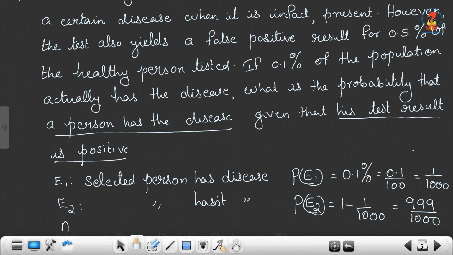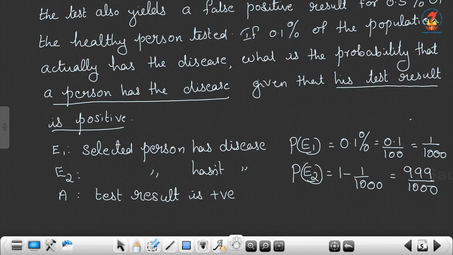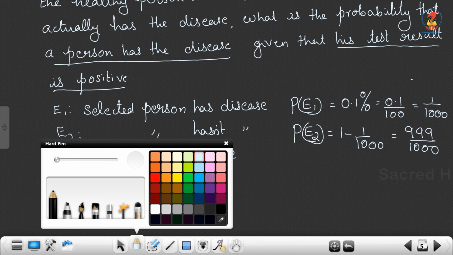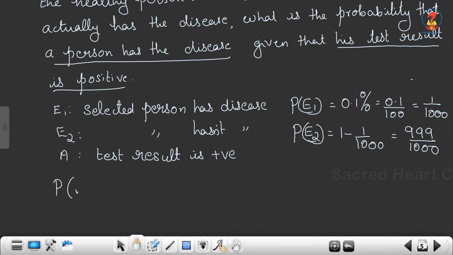Now what is A? Test result is positive, the blood test. We have to select a person and check whether the blood test is positive or negative. Now what is P of A given E1?